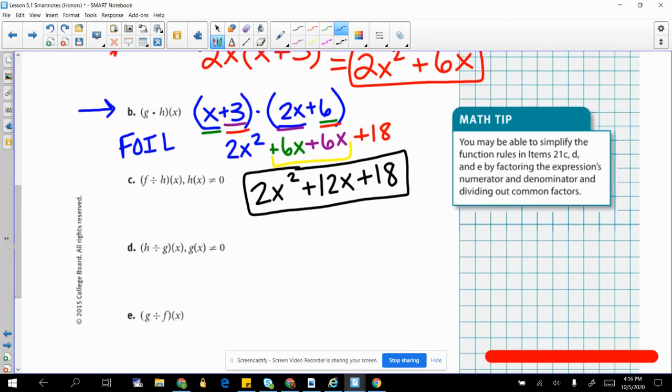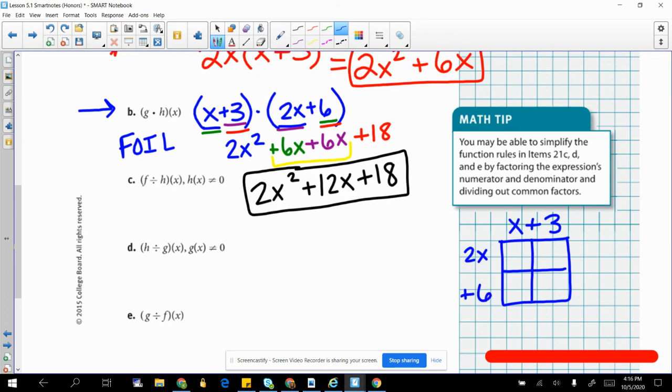So your other way is box method. So if I'm doing box method, I would put the x plus 3 on the top of my box. And I would put the 2x plus 6 on the side. And I would multiply what goes in each little box.